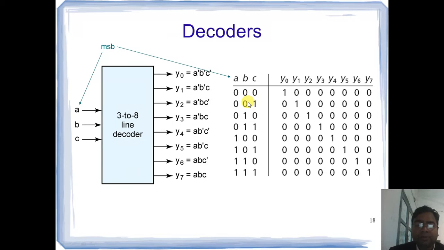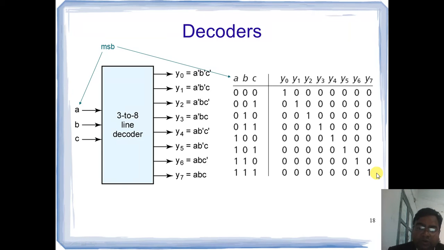If C is 1 and A, B are 0, then Y1 is enabled. Similarly 0 1 0 enables the third, and at last if A, B, C are all 1, then Y7 is enabled. Have you observed any correlation with what we learned in previous lectures?